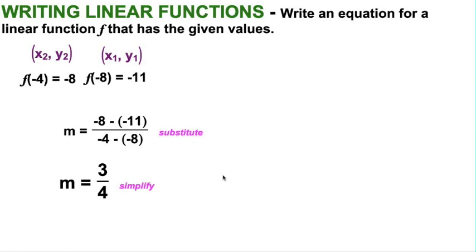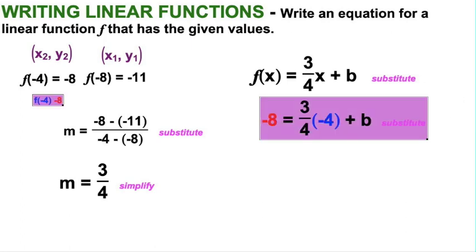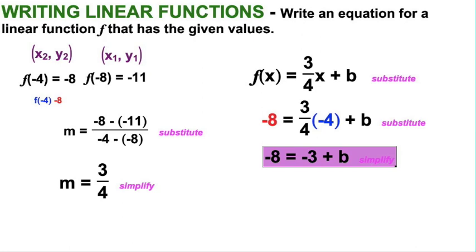So it'll be +3/4, or as we'd say on the East Coast, 3/4. You don't say that up here, though. Okay, let's put that down here. 3/4 x plus b in function form, and we're going to make a substitution. I'll take the function evaluated at -4, and that's -8.